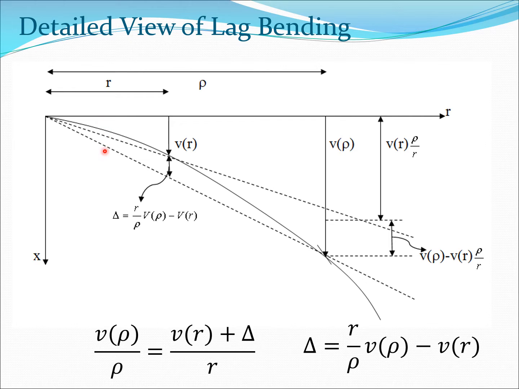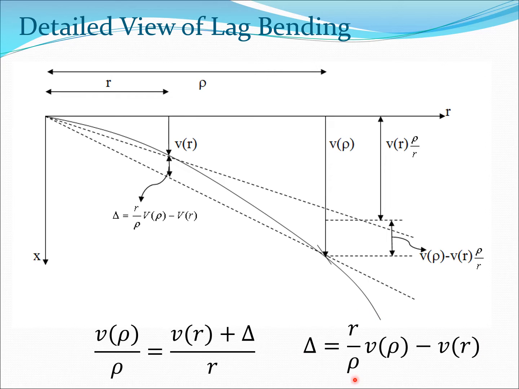Here I'm taking the tangent of this angle, which is V(rho) by rho, and it's also V(r) plus delta by r. From this equation we can obtain delta as r by rho times V(rho) minus V(r).